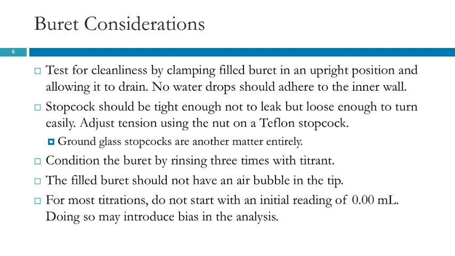Well, if you start at 0, you kind of know it should take the same amount every time, right? And so whether conscious or not, you end up trying to get the same number each time. And I've seen students who do get the same number each time. And then, how do you do standard deviation on that when you've got 4 numbers that are the same? It's kind of iffy, right?